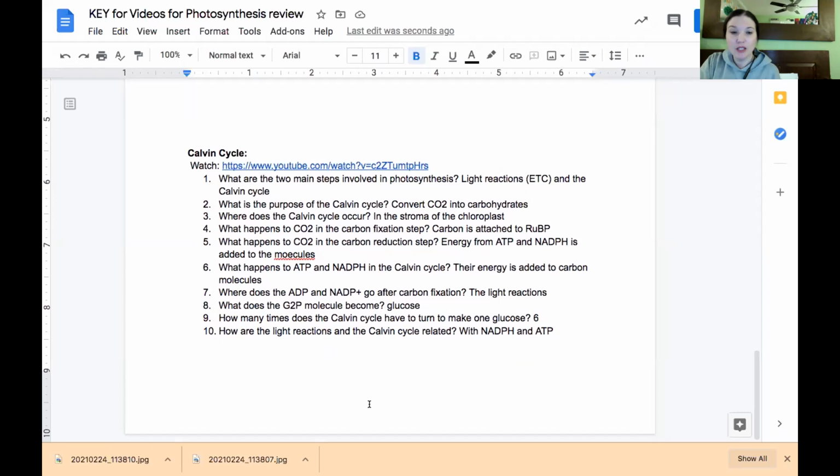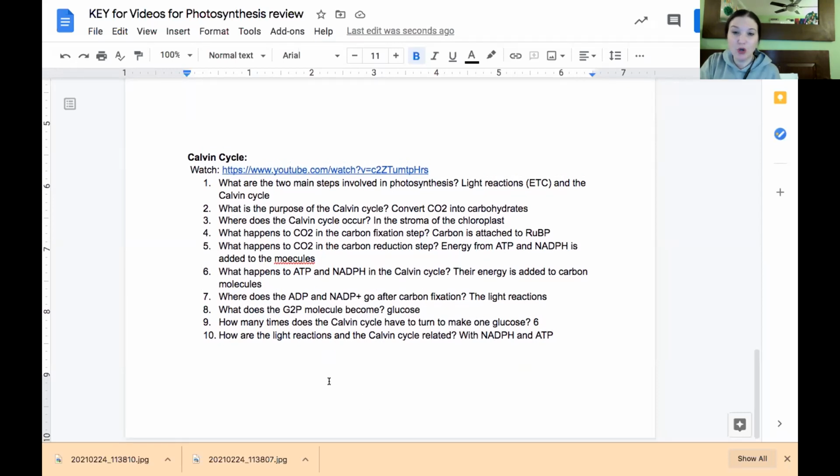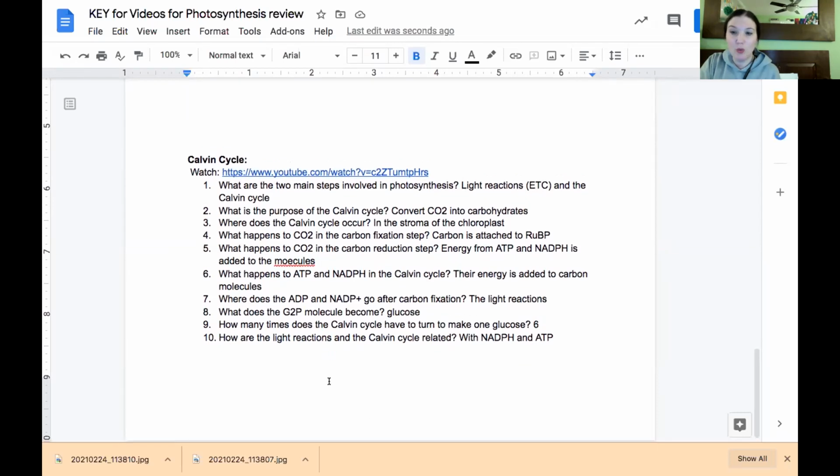All right, now let's get down to the Calvin cycle. So we are going to talk about the Calvin cycle. Next, the Calvin cycle takes place in the stroma, which is the space in the chloroplast that does not have the thylakoids. I'll show you on our chloroplast in a second. And this is the place that takes carbon dioxide out of the atmosphere and makes it into carbohydrates.